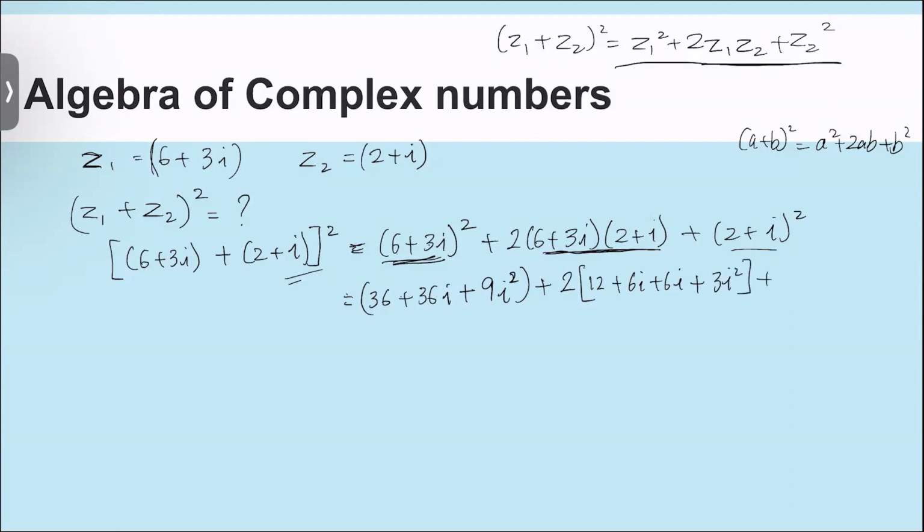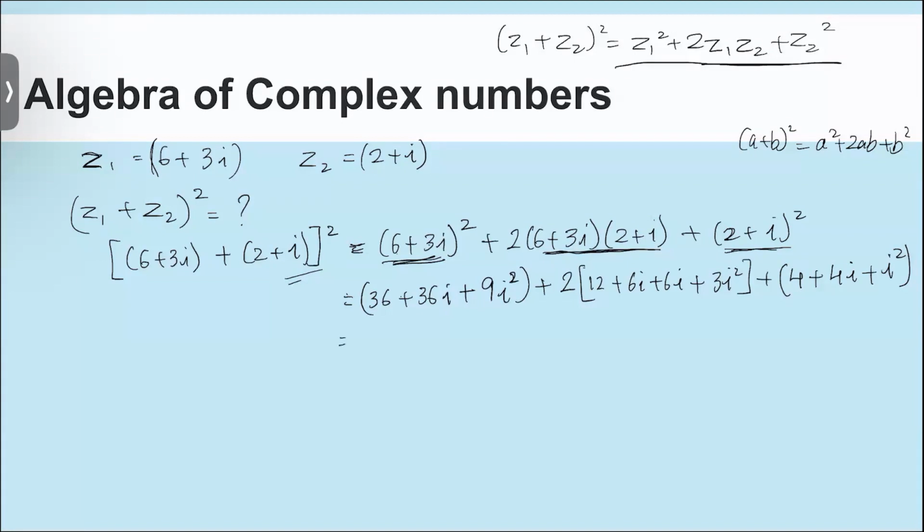Now again, we expand (2 + i) the whole square in terms of (a + b) the whole square. So we will write this as 4 plus 4i plus i squared. Okay, so this is after we have expanded all the terms and we have multiplied the middle term.